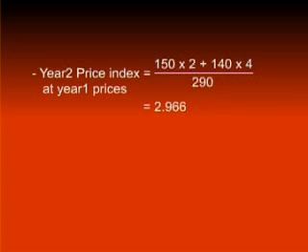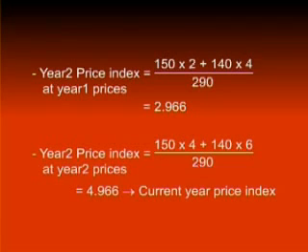So the price index can be calculated by multiplying 150, the number of apples produced in year 2, by the price of apples in year 1. So it's 150 times 2 plus 140 times 4, and then you divide it by the total quantity of apples and chickens produced in year 2 to get a weighted average price level, and that you get as 2.966.